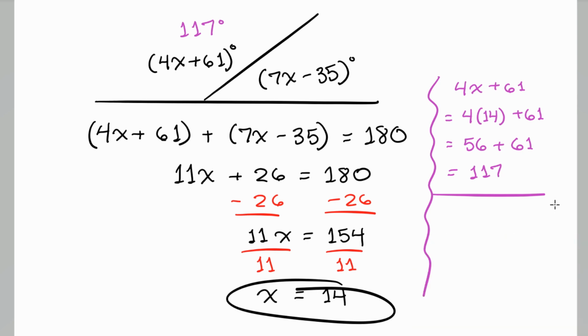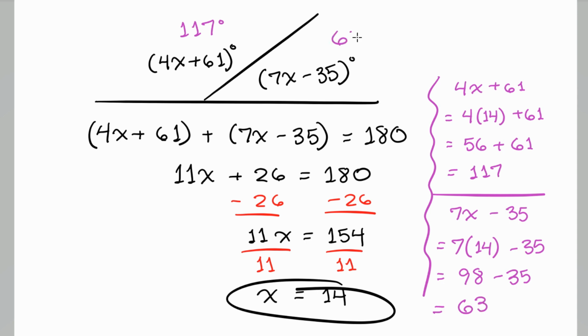But I want to make sure that everything works out right with what I'm saying the x value is. So that's why I want to take this right here. Let's make sure that it does give us the answer that we're looking for. So 7 times 14 is 98. 98 minus 35 is 63.